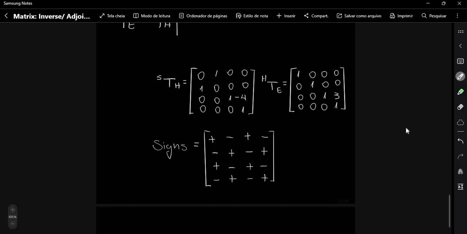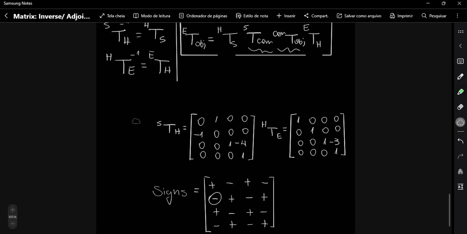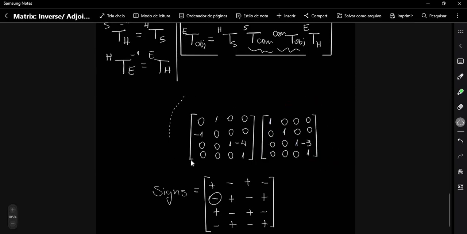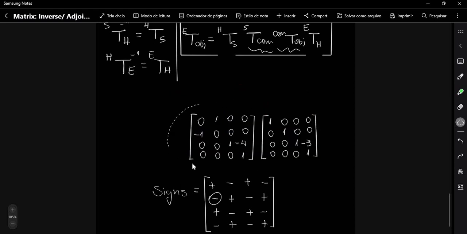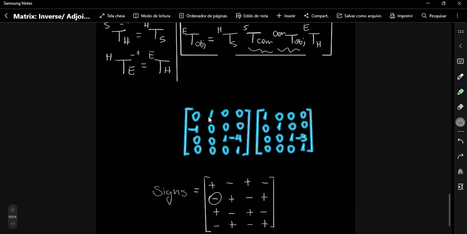Right here is minus 3. Right here is minus 1. Okay. So we have all the matrices.